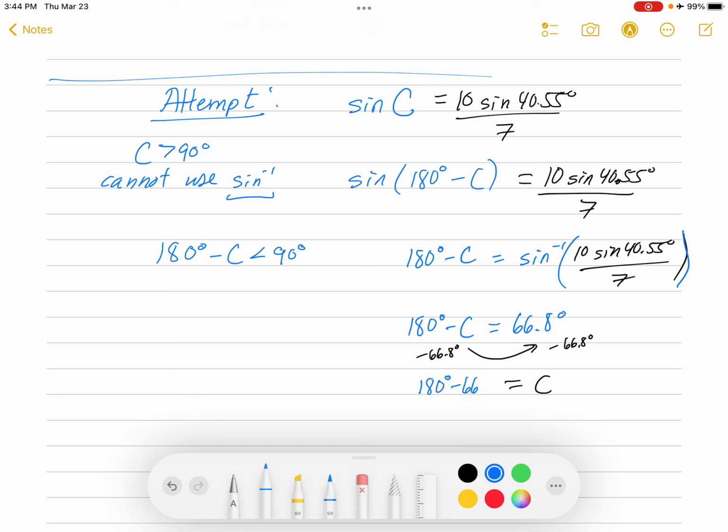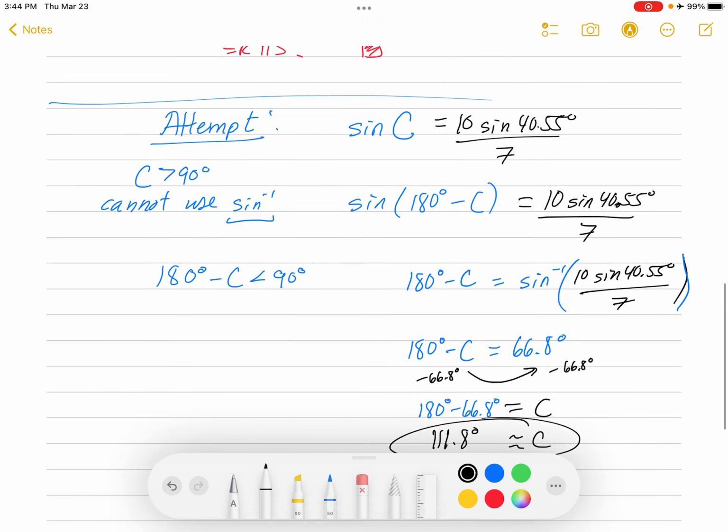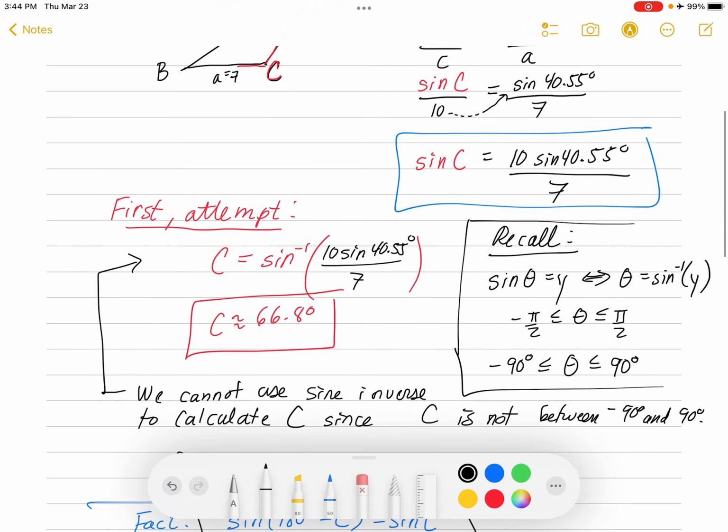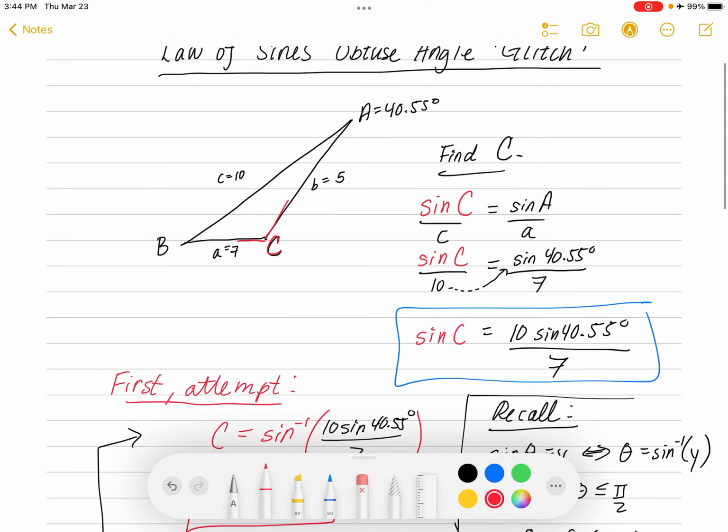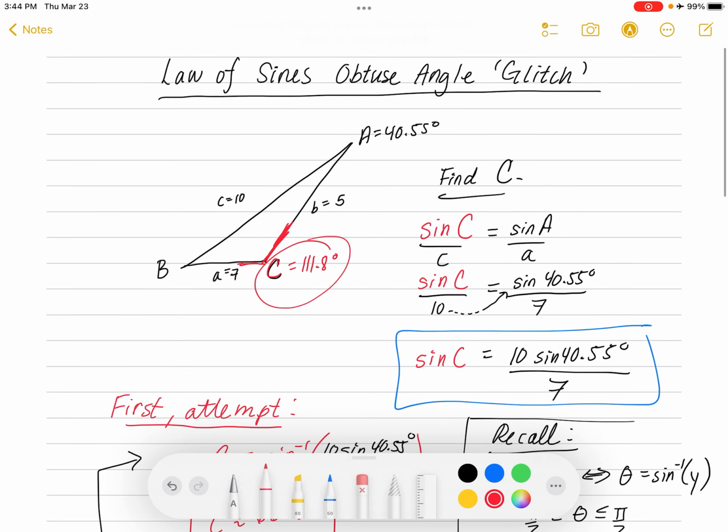I end up with 180 minus 66.8, and I get that C is about 111.8 degrees. So that's our correct answer, and that makes more sense because this is an obtuse angle.